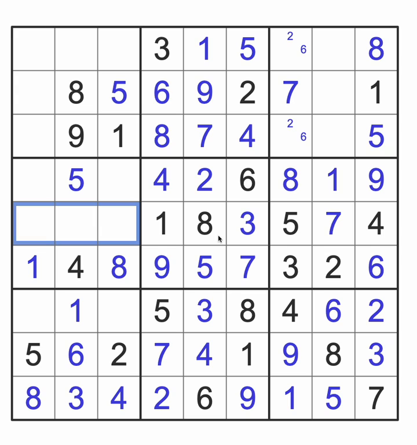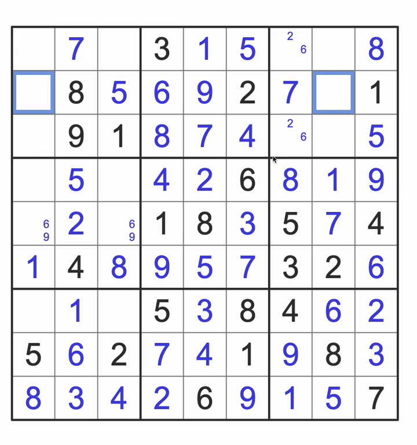And this row is missing 2, 6, 9. 9 and 6 here makes this cell 2. Oops, sorry. And that gives me the last number here, which is 7. And these are 3 and 4.